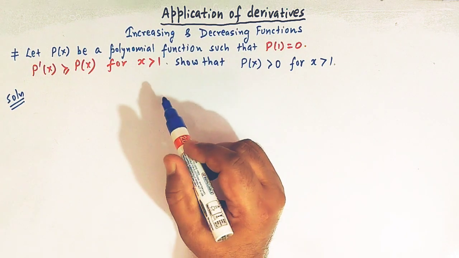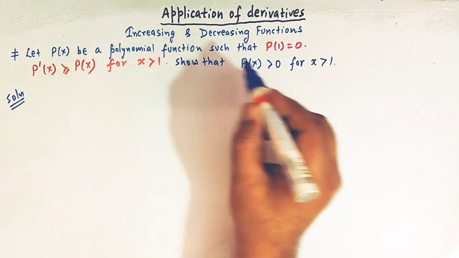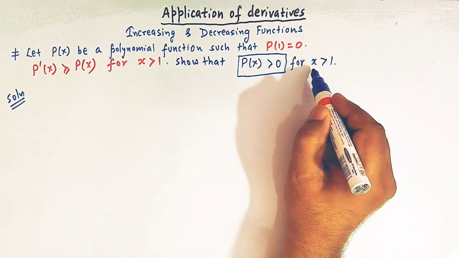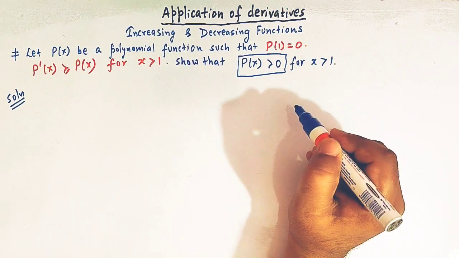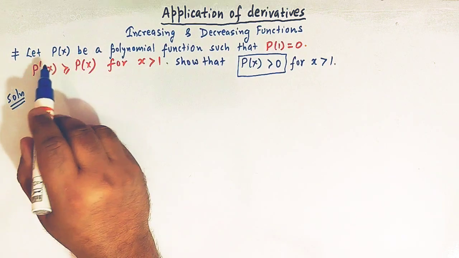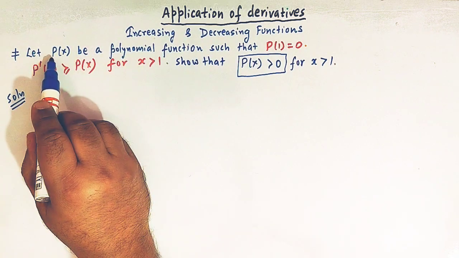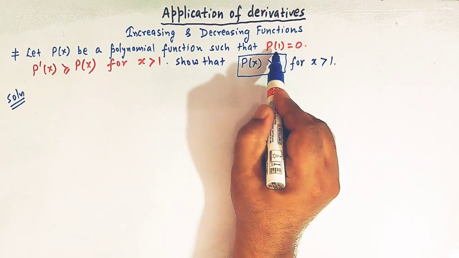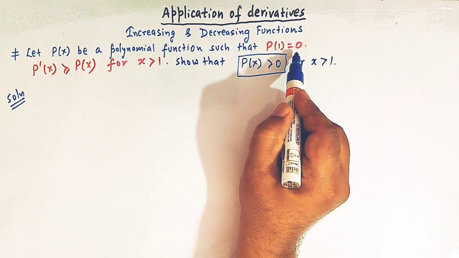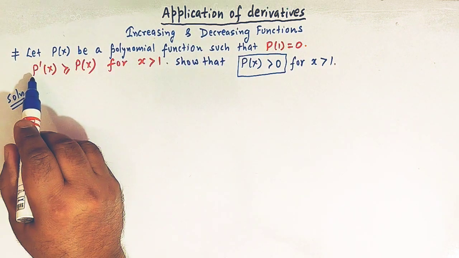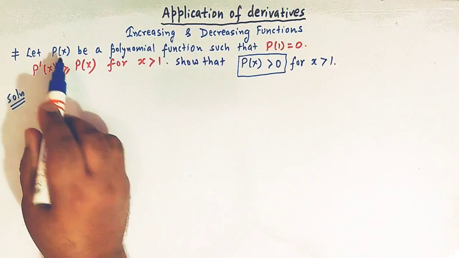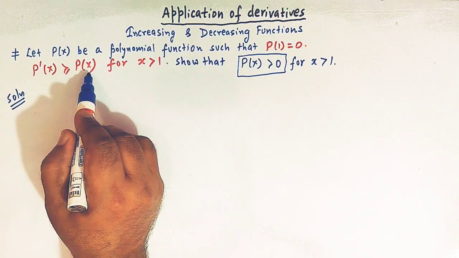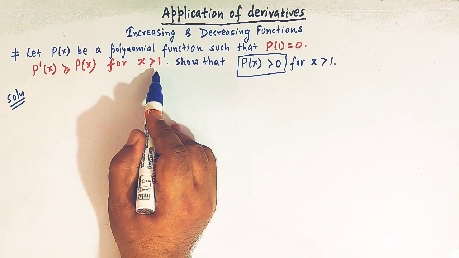And we have to show that the polynomial function p of x is greater than 0 for x greater than 1. So here we are given a polynomial function p of x, and the conditions are that when x is equal to 1, p of 1 is equal to 0, and the derivative of p of x is greater than or equal to the function p of x for x greater than 1.